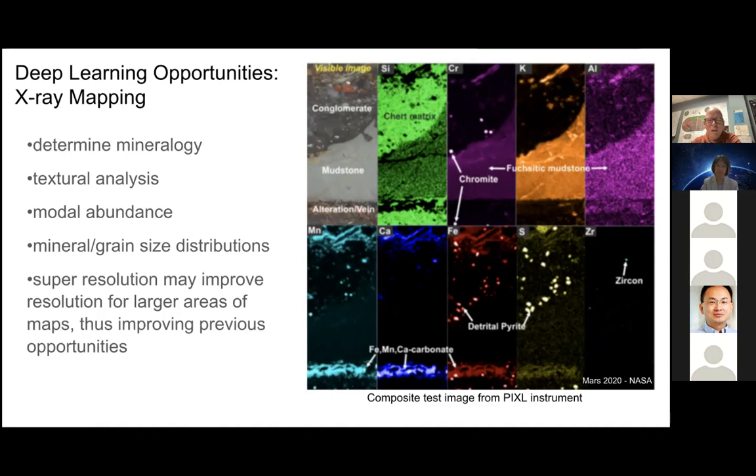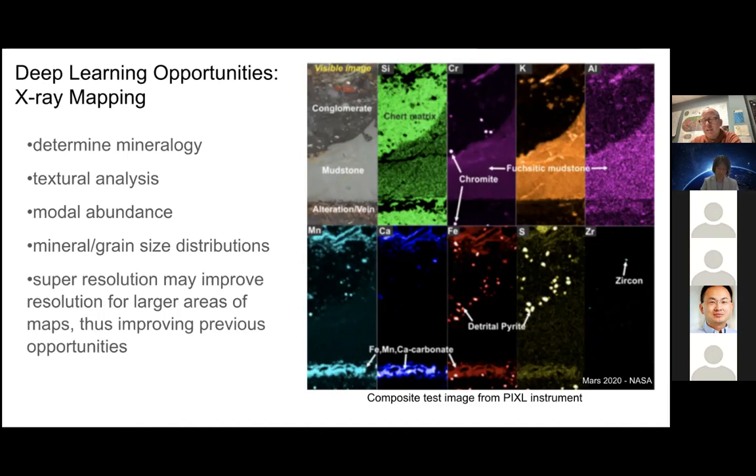And that's what we're seeing in this image here on the right. This is, again, a composite test image, but this time of a much more complicated rock sample. This is a mixed rock assemblage, and the image is trying to show what types of information we might be able to discern from looking at an image like this.